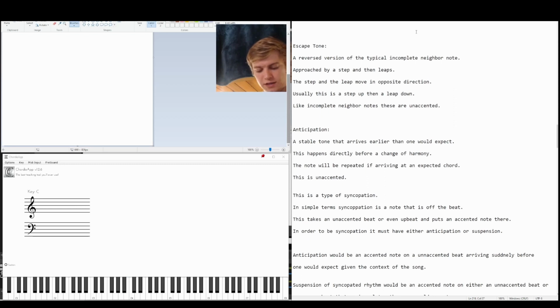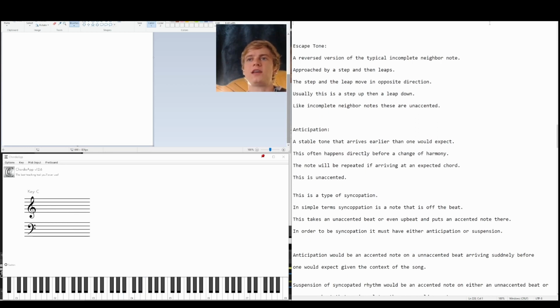So the sound of that escape tone would be something sort of like if I went from C down to B and then I went back up to E. So my C and my E are chord tones, but my B is not. So my first note goes in stepwise motion to my second note, which is a non-chord tone, but then that leaps in the opposite direction to a chord tone.